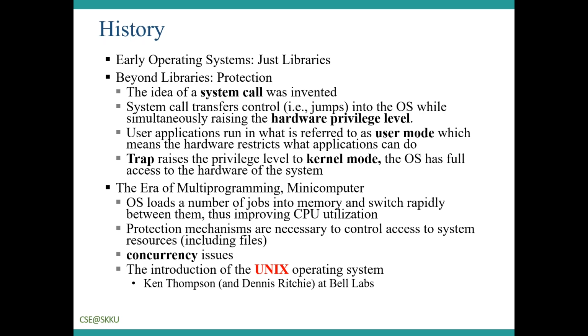So issues such as memory protection became important. Concurrency issues introduced by multiprogramming were also critical. One of the major practical advances of the time was the introduction of the Unix operating system, primarily thanks to Ken Thompson and Dennis Ritchie at Bell Labs.